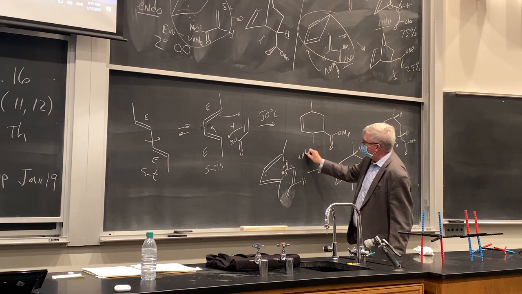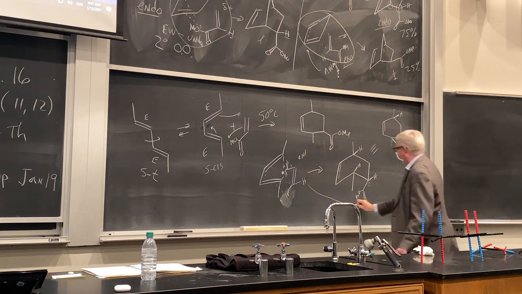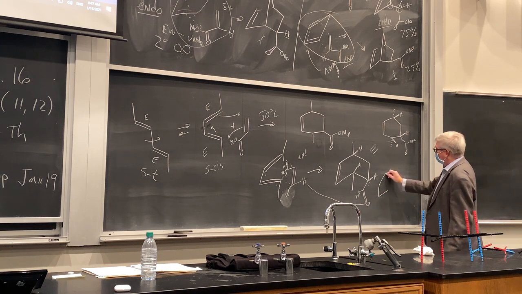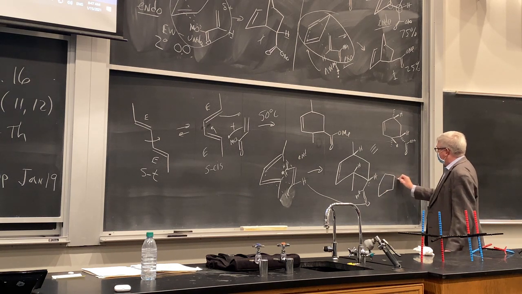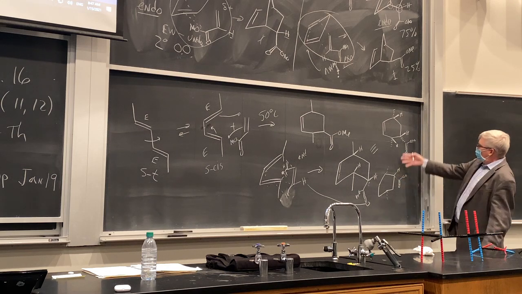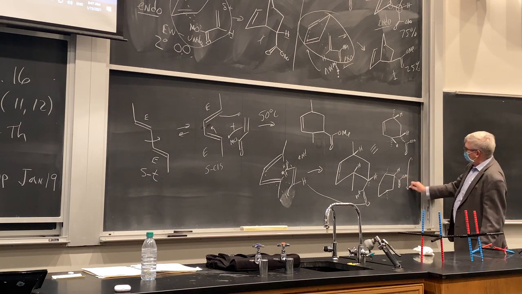This is also endo. And look what this one goes to. It goes to this. The ester down, up, methyl group still down. Okay. And what if we flip this over like that?